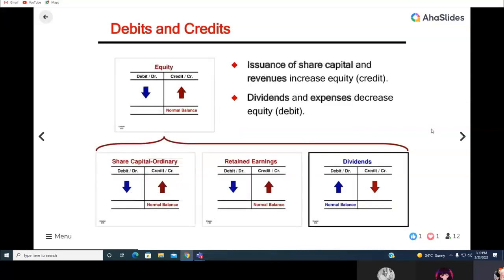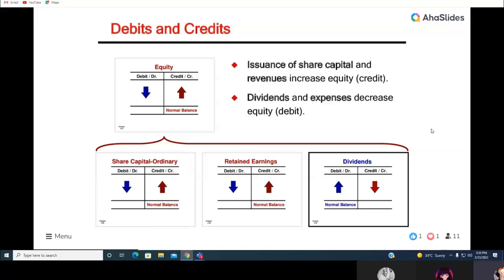Now, the same thing with the equity account. The equity account is on the right-hand side of the equal sign. Therefore, we're going to increase the equity account by recording an increase in the shareholders' equity on the credit side, the right side. If there's a decrease in shareholders' equity, we record it on the left side.